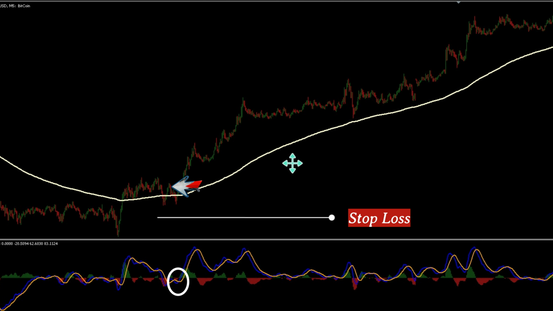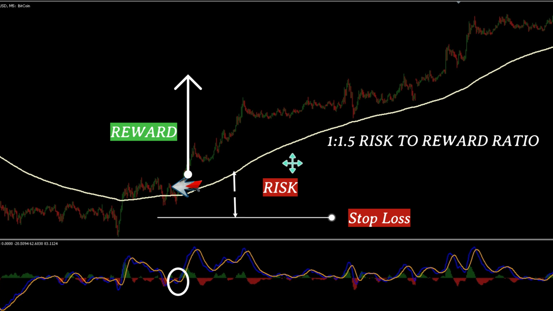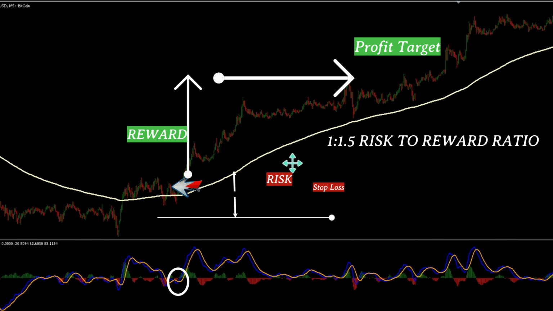For profits, aim for a 1.5x profit target, meaning if you risk $100, you're looking to make $150. So, in this example, you've now got a well-protected trade with a solid profit target. And guess what? Boom! The price hits your target, and you've bagged yourself a nice win.